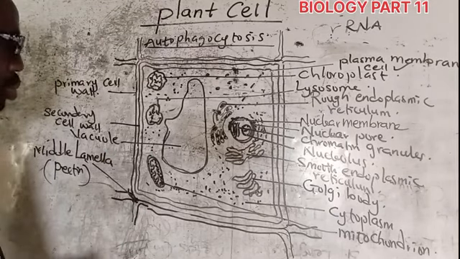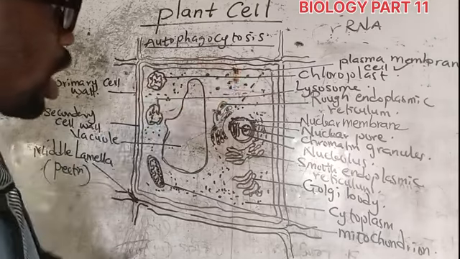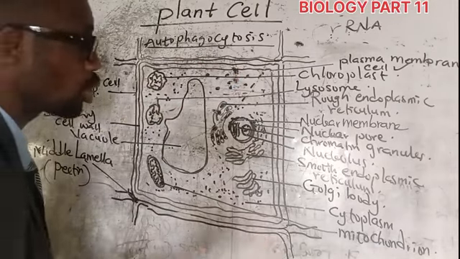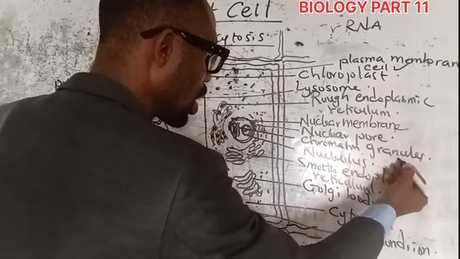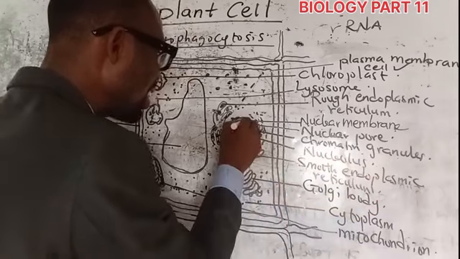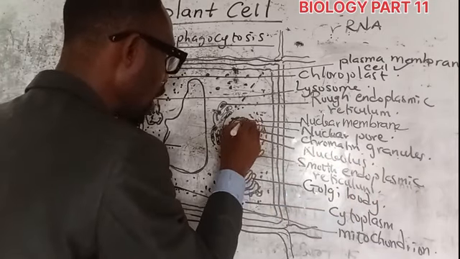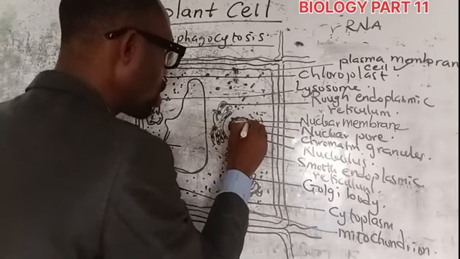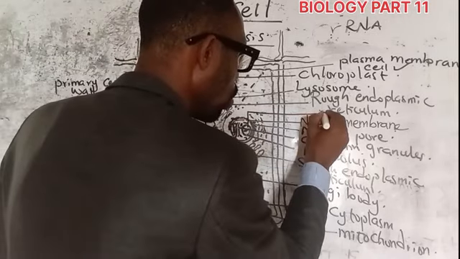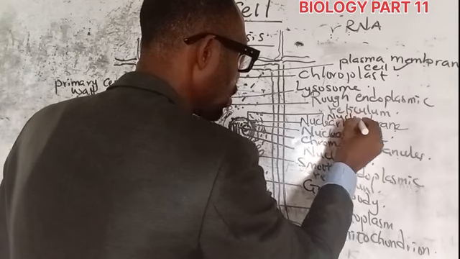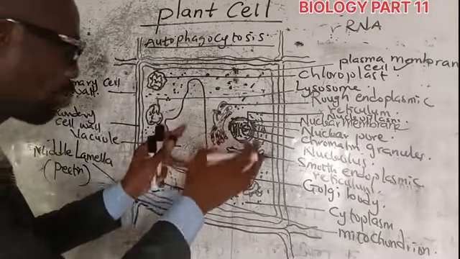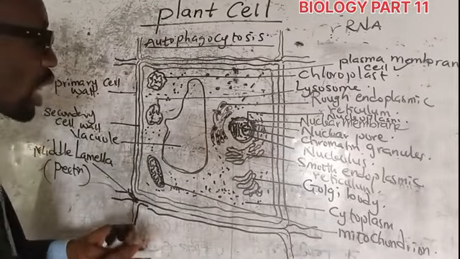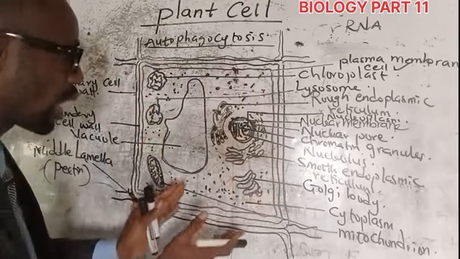So we've been able to analyze and draw. Now, there's something again I want you to know. This nuclear membrane, nuclear pore, chromatin granules, nucleolus, inside this region, around this region, this thing gives us what we call nucleoplasm. Nucleoplasm contains fluid-like matrix substances around that region, just like you have the cytoplasm housing every other organelle.